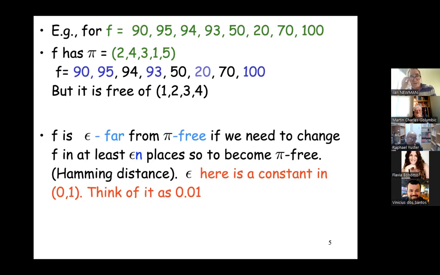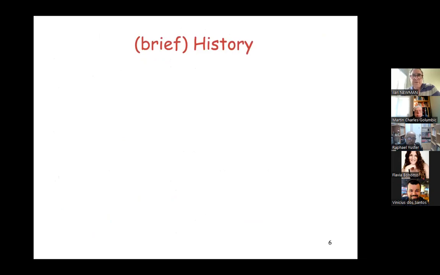And it's a Hamming distance because we are measuring the number of places where you need to change the function. Note that if you have to change the function in a certain number of places in order to make it pi-free, then certainly it is already pi-free in all places that you didn't change. Okay, so let me go on.